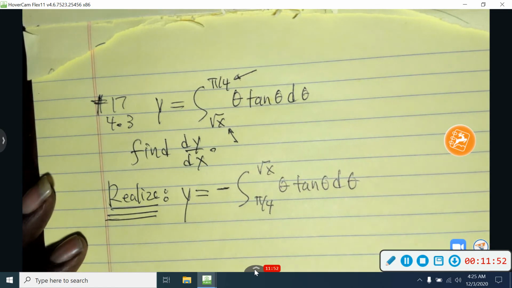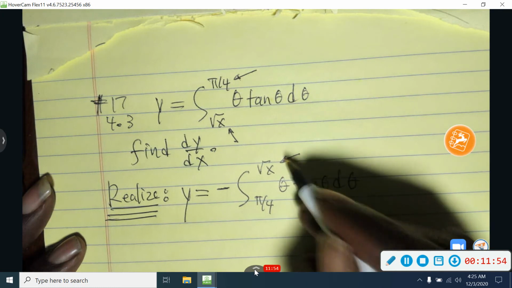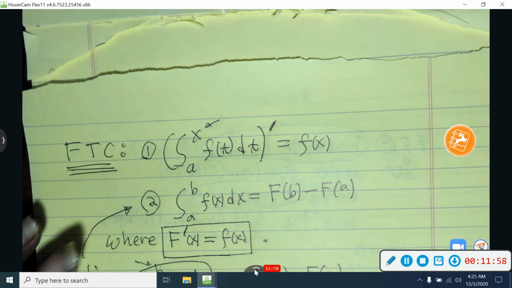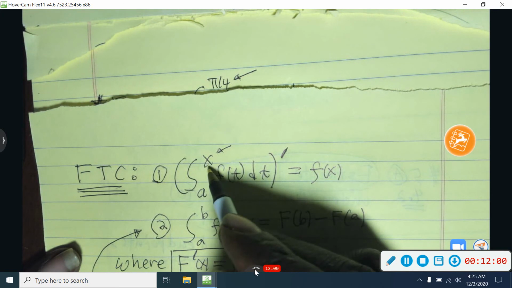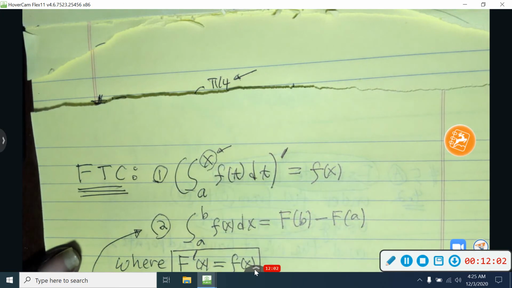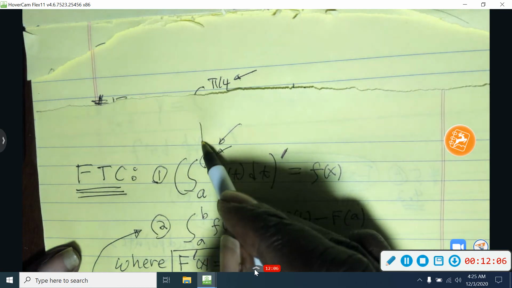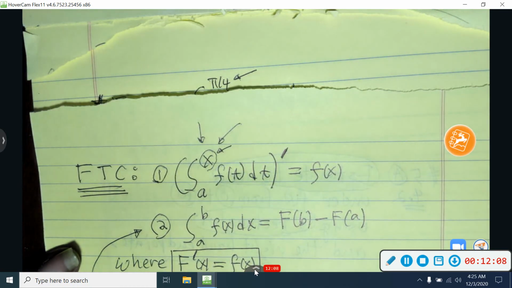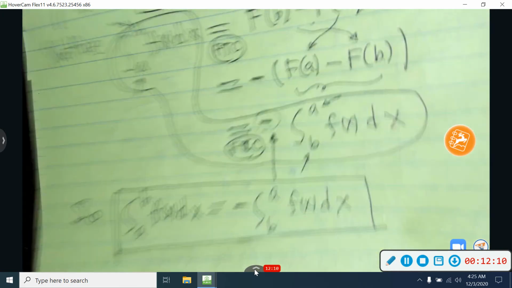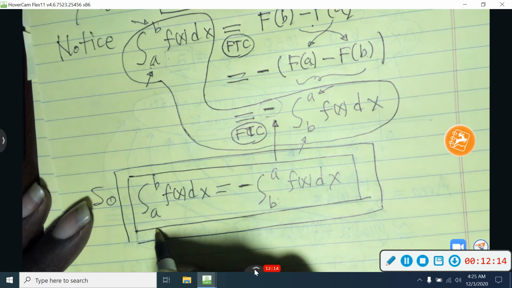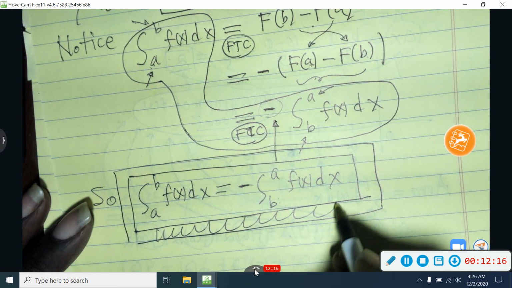Now that the variable term is on top, we can use the fundamental theorem because it needs to be there. As you can see, it's on top, not on the bottom. So we have to make the switch. We can with this property. Let's put it in lights.